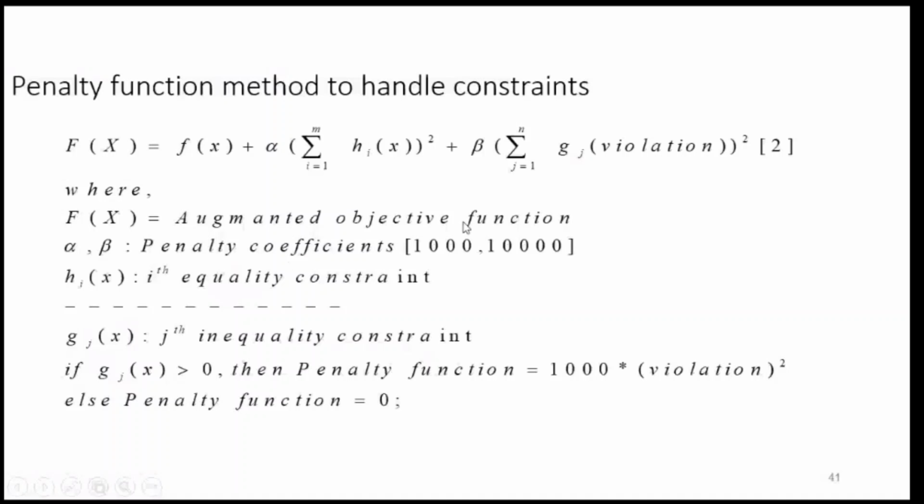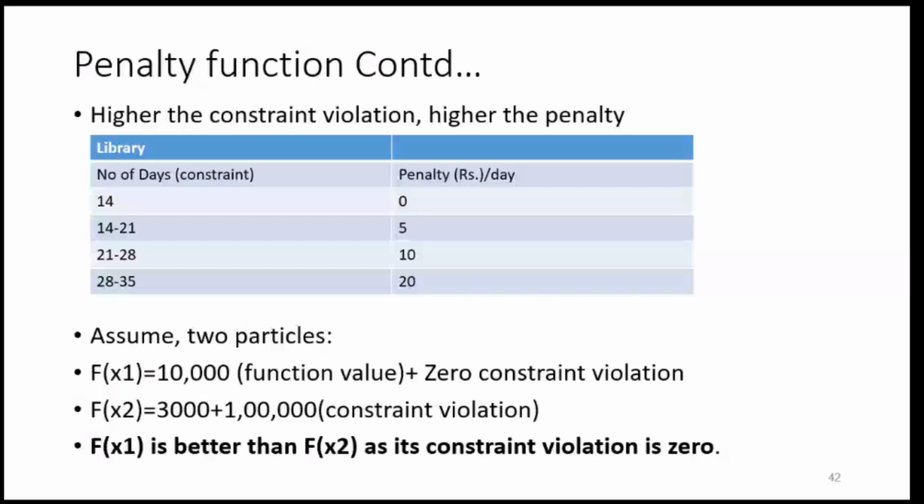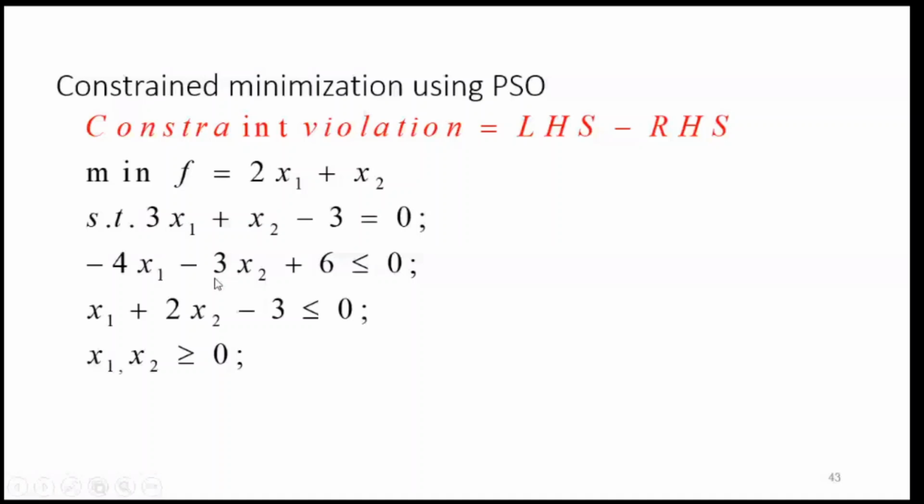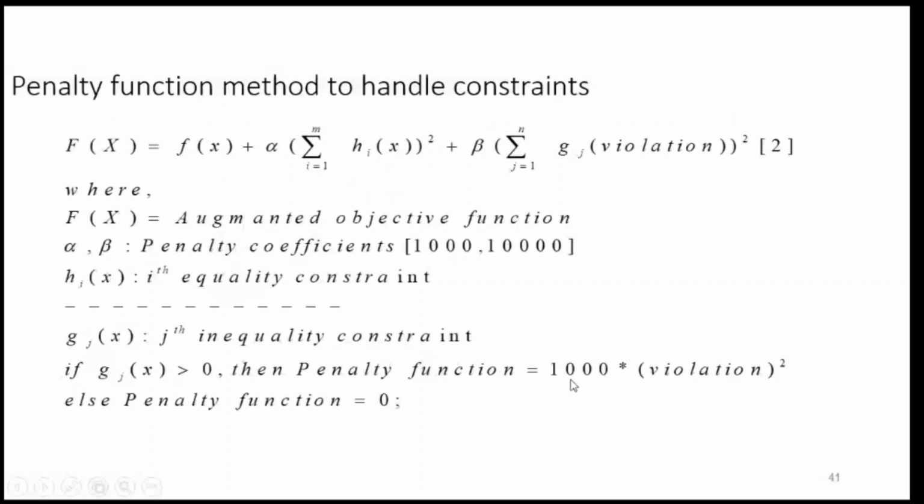And for the inequality constraint, this is the inequality constraint, minus 4x1 minus 3x2 plus 6 should be less than or equal to 0. So we can put the if else loop. If this LHS is more than 0, then the constraint is violated, right? Then put the constraint violation, and it is 1000 or 10,000 into violation square.